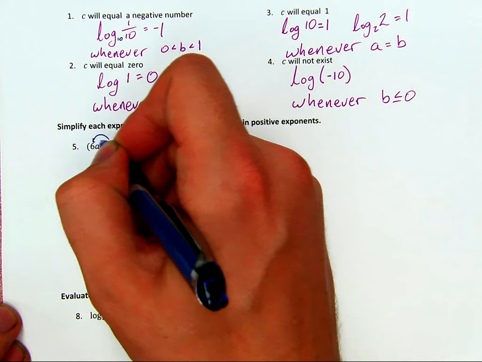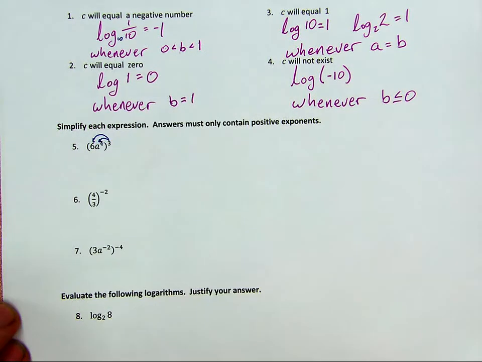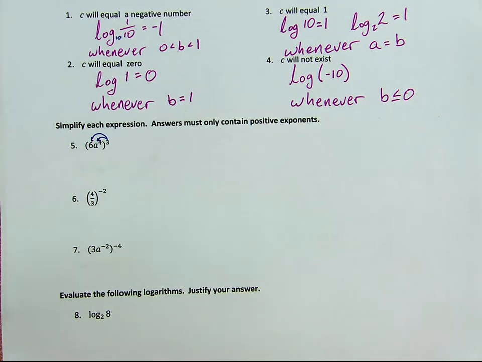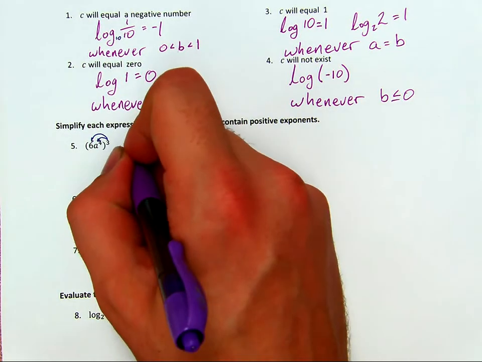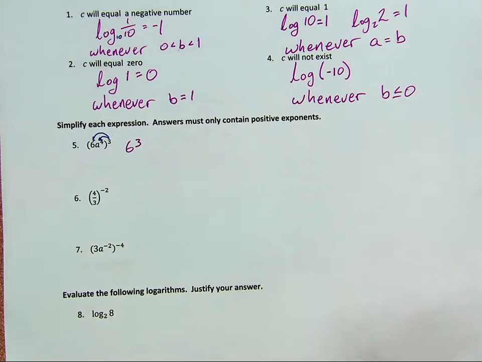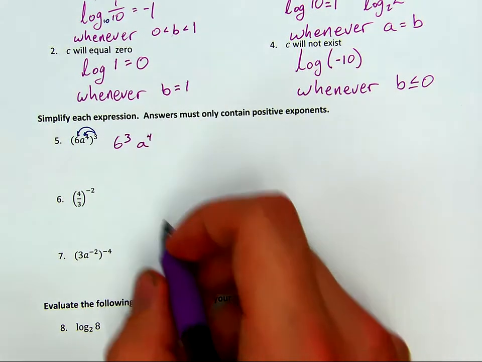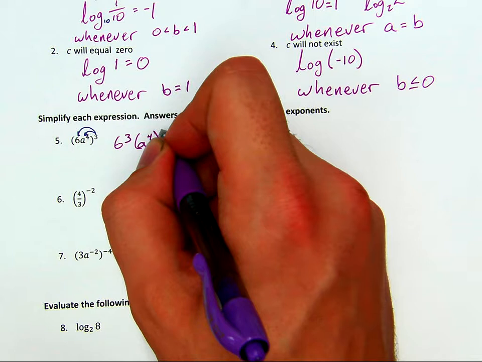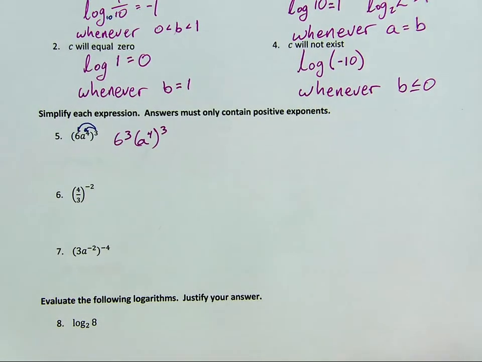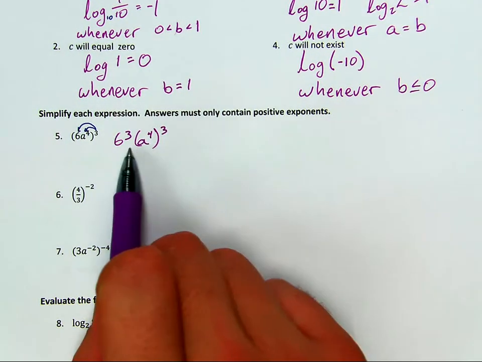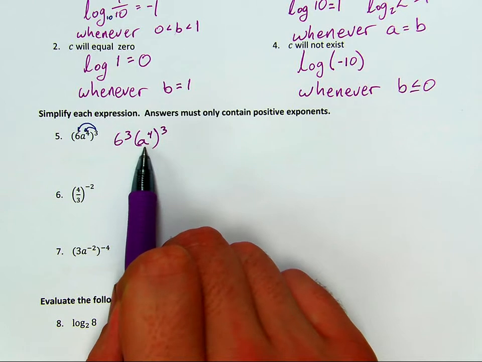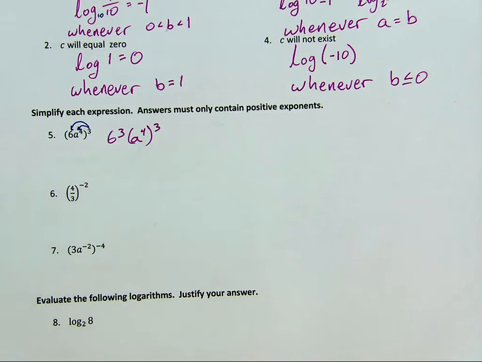So in this case, we're going to get 6 cubed times a to the 4th, but that a to the 4th is cubed. Now we have to simplify this. Here, this is going to follow one of our exponential rules, the power rule.